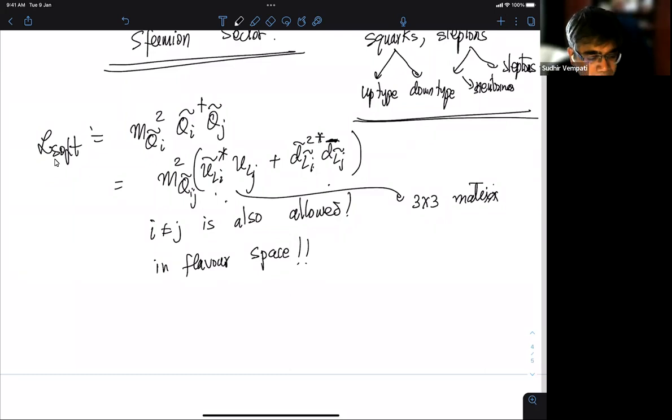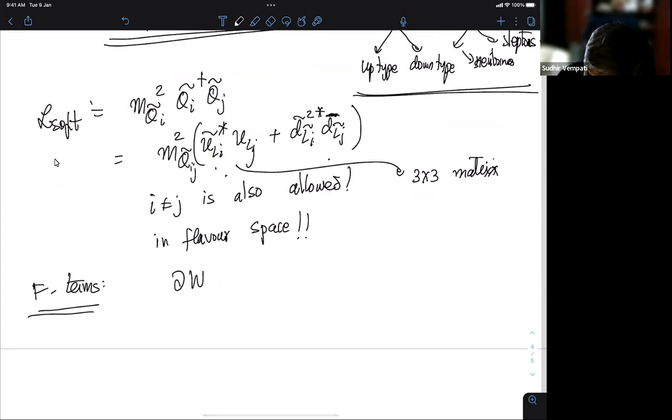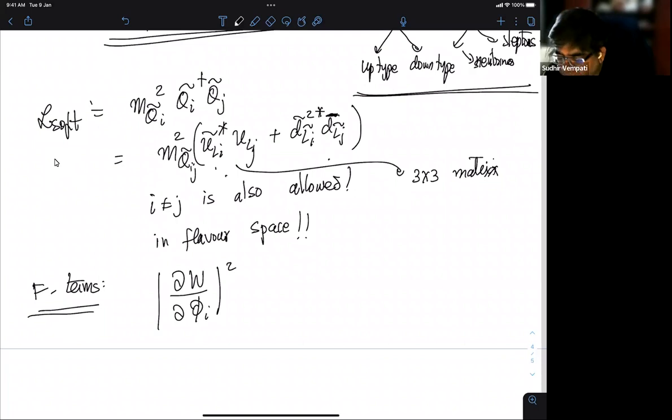The next one is the F terms. F terms give you |∂W/∂φ_i|². Remember the superpotential.